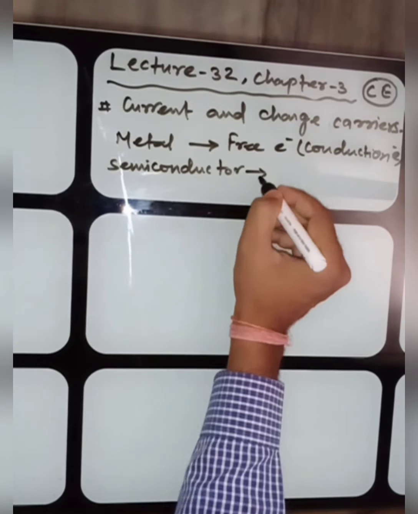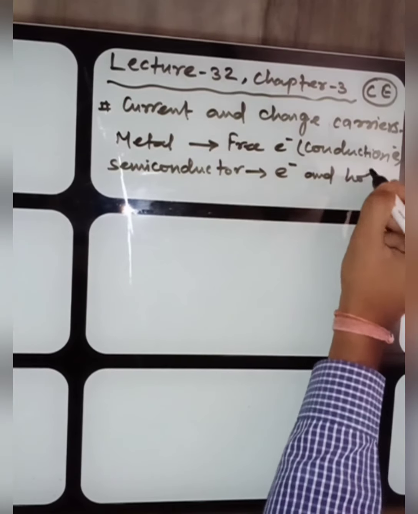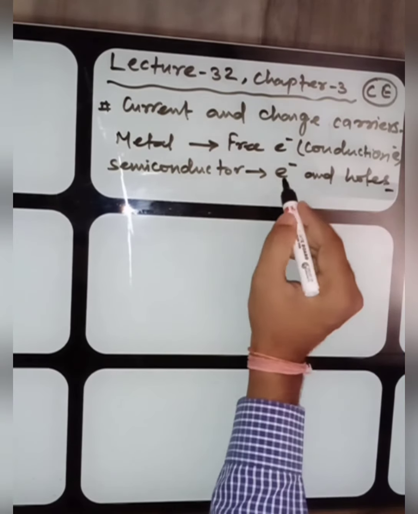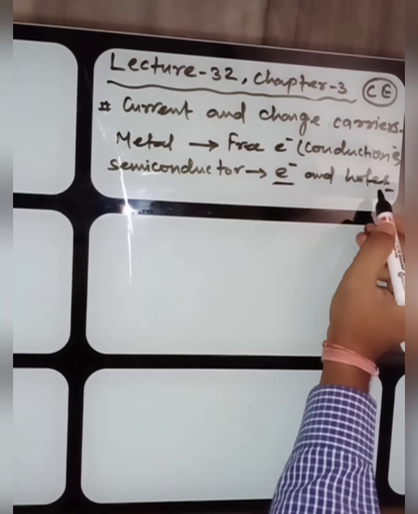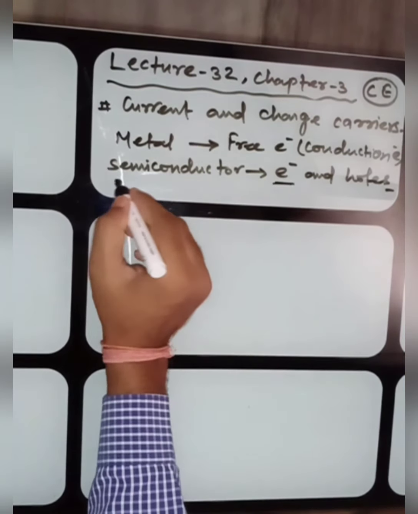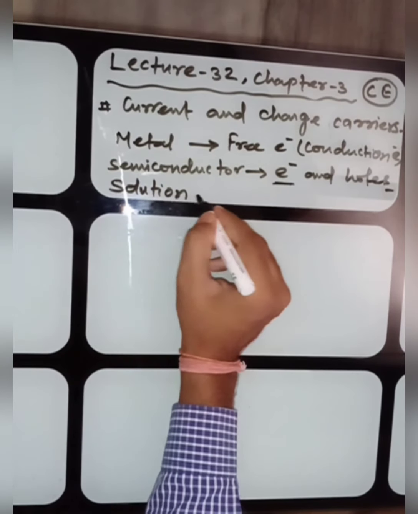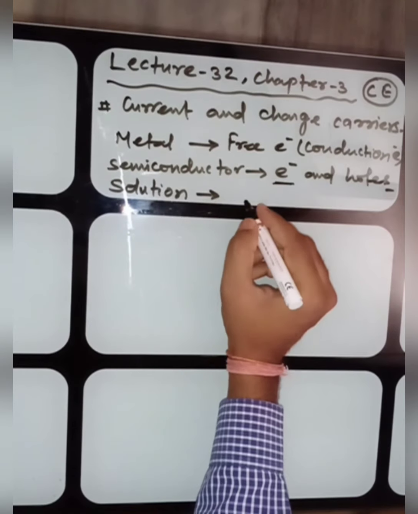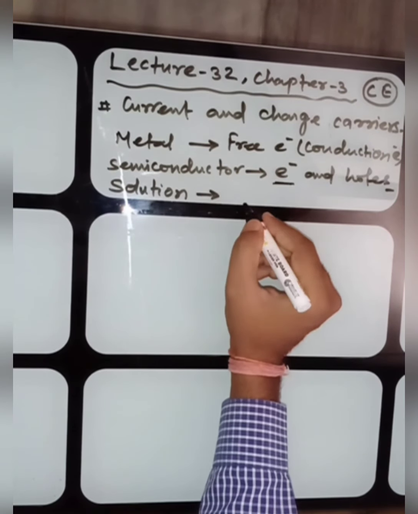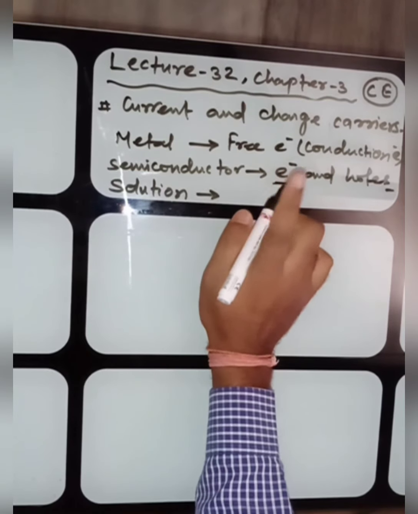In semiconductor, which you have to study in chapter 14, electrons and holes. Electron is negatively charged. A hole is a space, positively charged. That we will study in very detail. In solution, like a chemical solution, in chemistry you used to study about solutions, what are the charge carriers responsible for electric current?